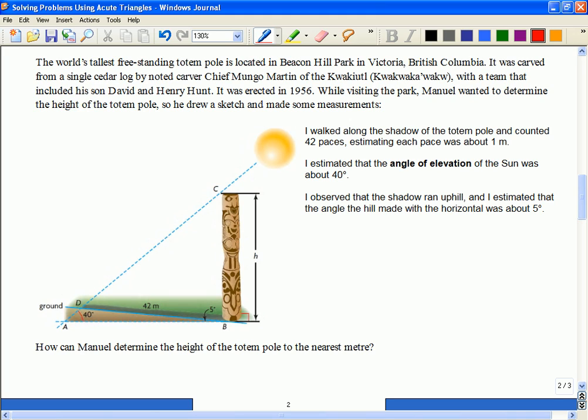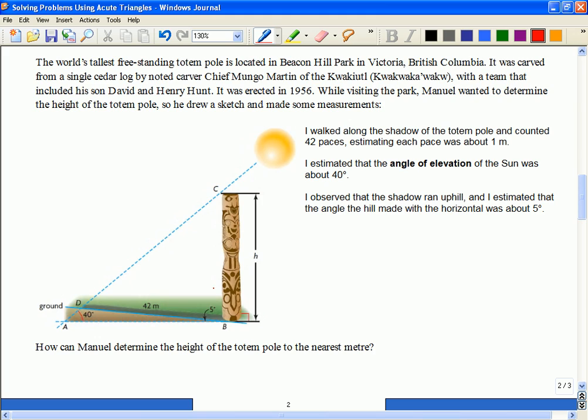Let's walk through it again here, okay? So it tells us 42 meters is where he walked to in the shadow. And he estimates the angle of elevation to be 40 degrees. And observe the shadow ran uphill and estimate that the angle with the hill is 5 degrees.